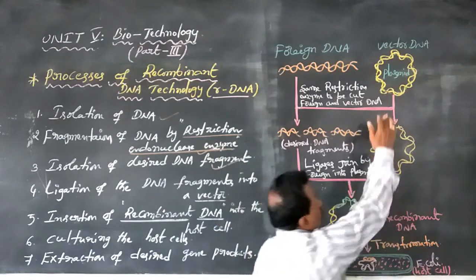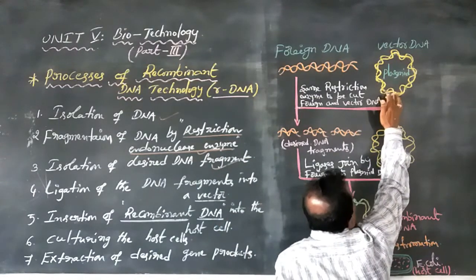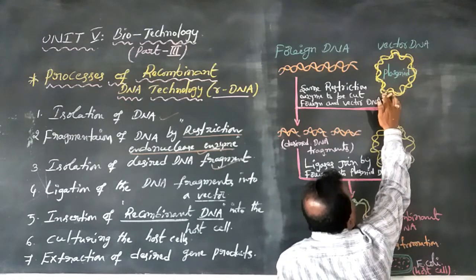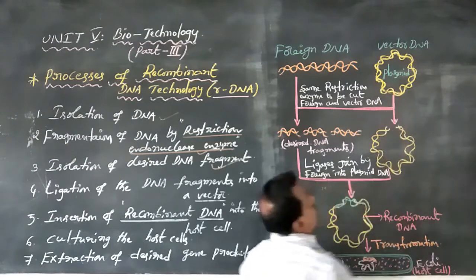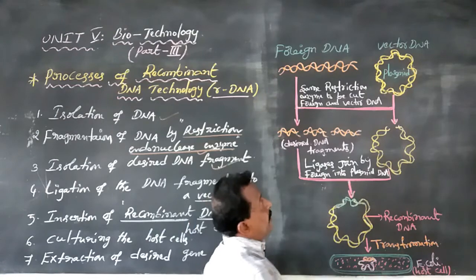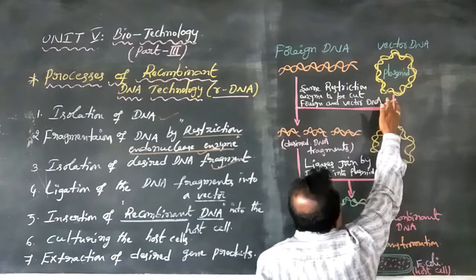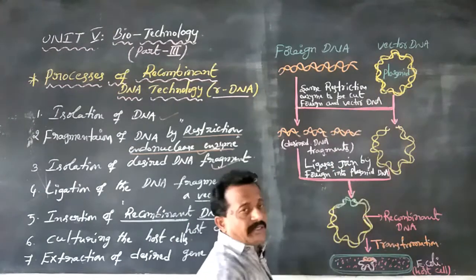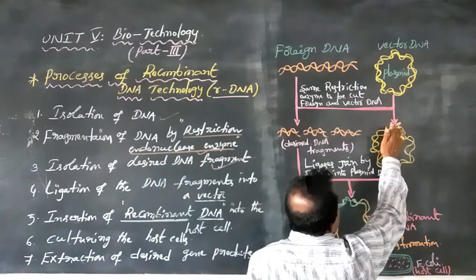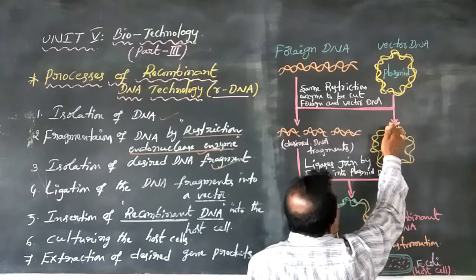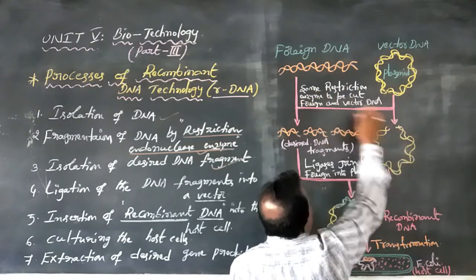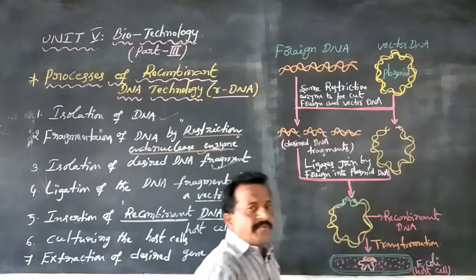Now, what is a plasmid? Plasmid is a small, circular, autonomously replicating, extrachromosomal DNA. So this plasmid DNA acts as a vector or agent. This vector DNA or plasmid DNA is cut by the same restriction endonuclease enzyme.